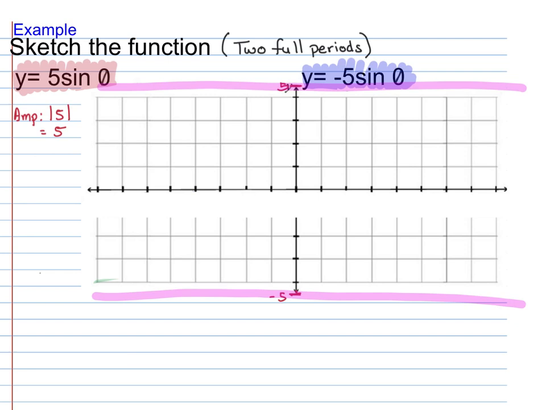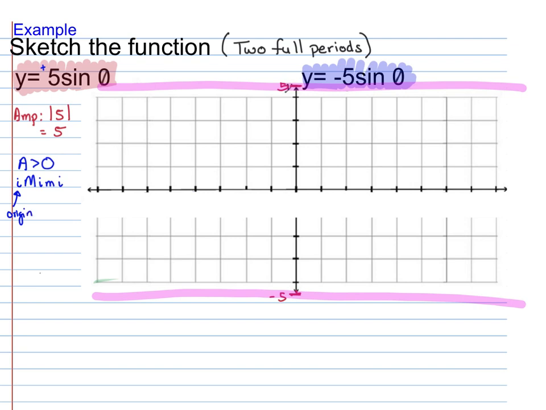Now that I know my amplitude is positive, that means my A is going to be greater than 0. I know that for sine, it starts at an intercept, goes to a max, intercept, goes to a min, and then intercept. This specifically is the origin. That's where the parent function starts.